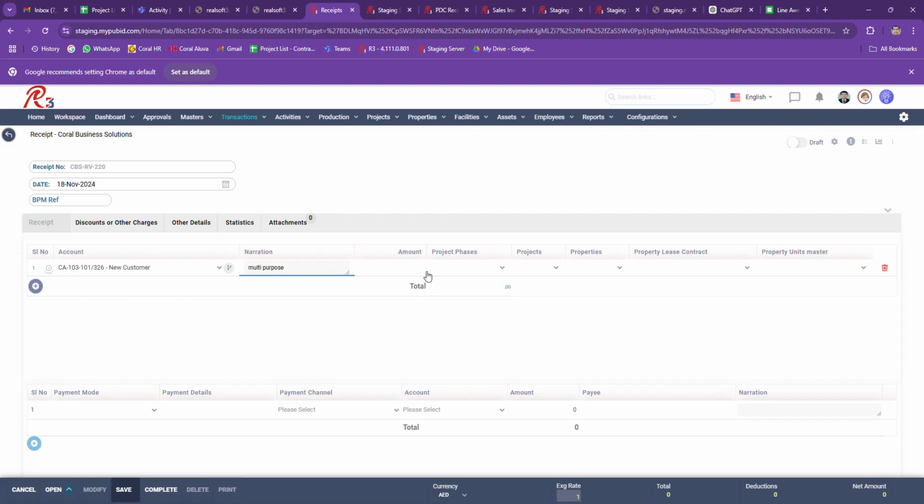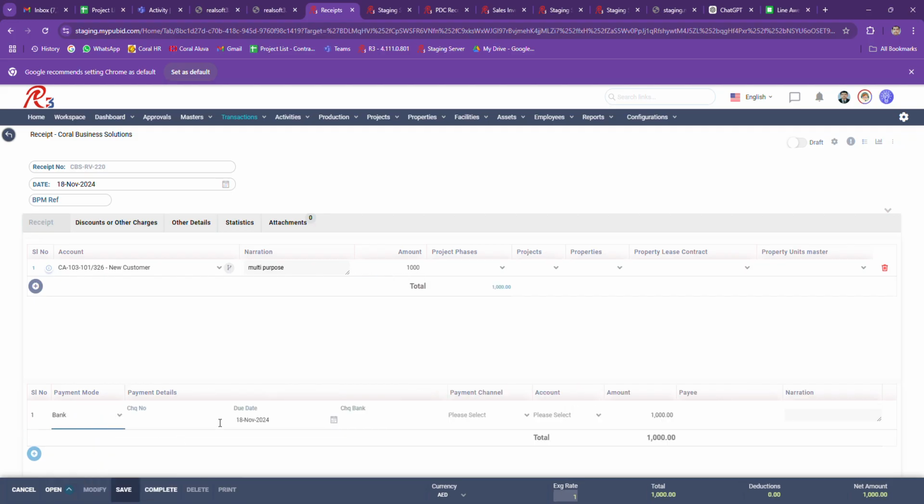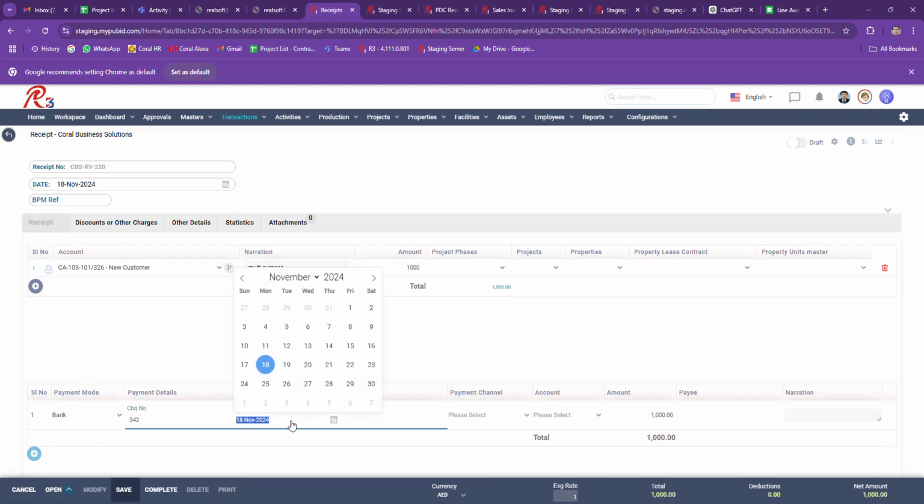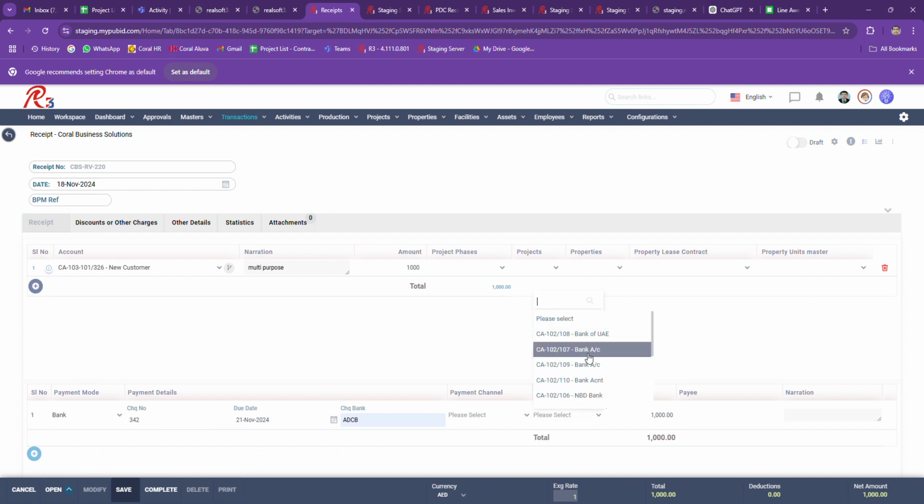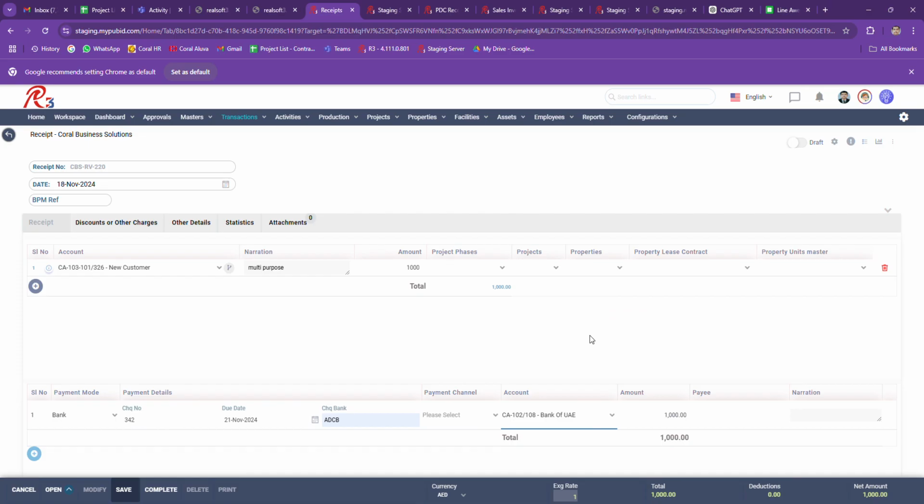We just give the amount 1000, and the payment mode is bank, and the check number is 342, and the due date is a different date, and the check bank is ADCB, and the account is Bank of UAE itself, and this 1000.